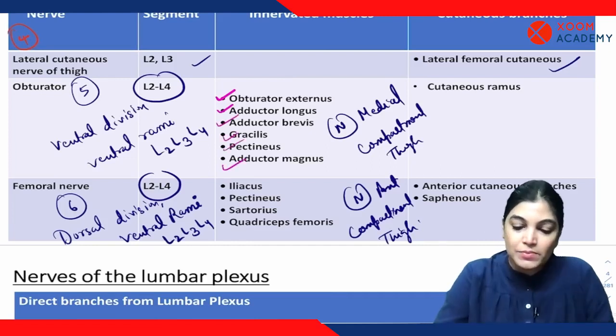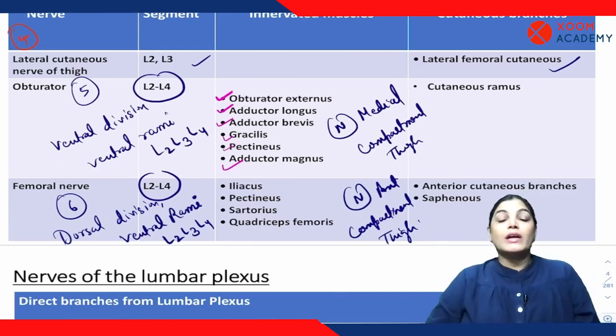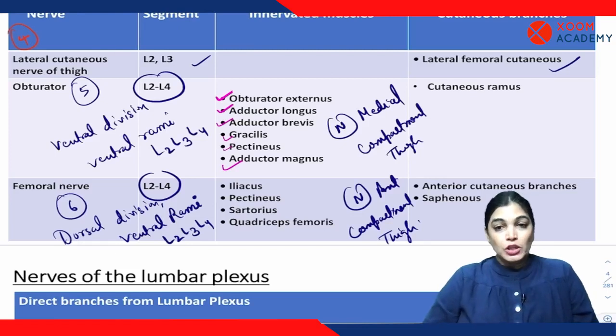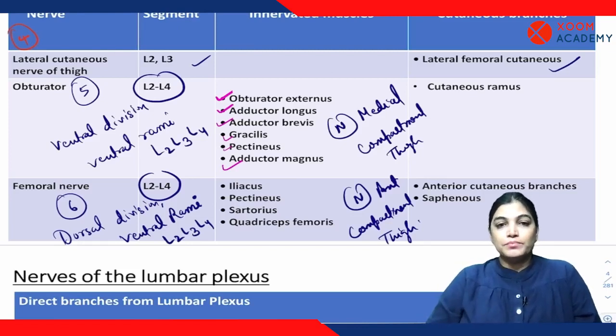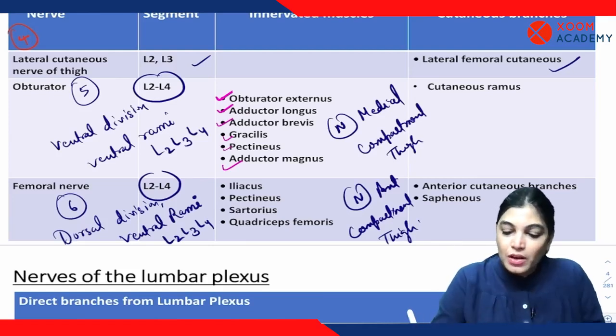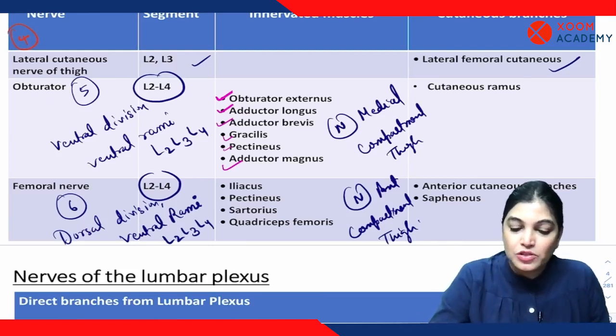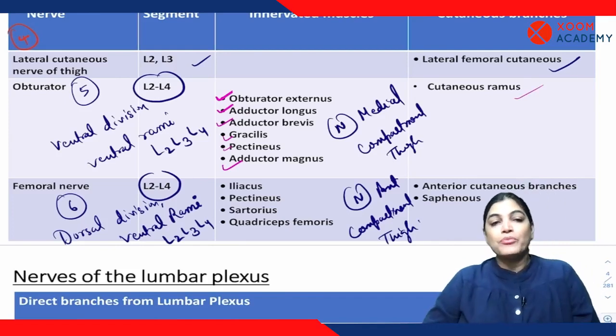All these are muscles of the medial or adductor compartment of the thigh. It also gives cutaneous distribution to the medial most part of the thigh.